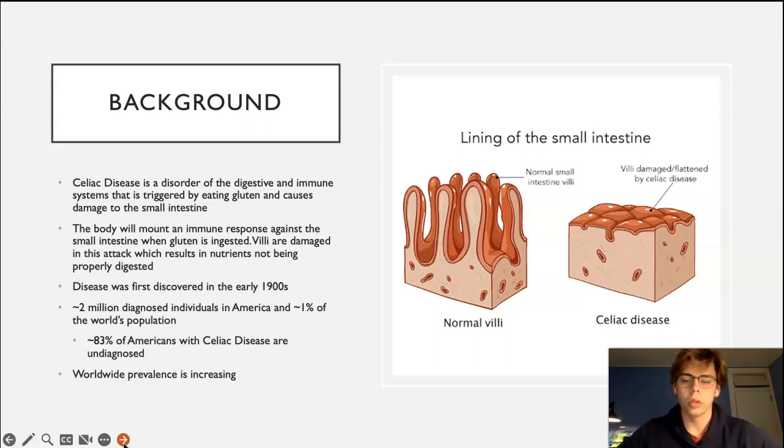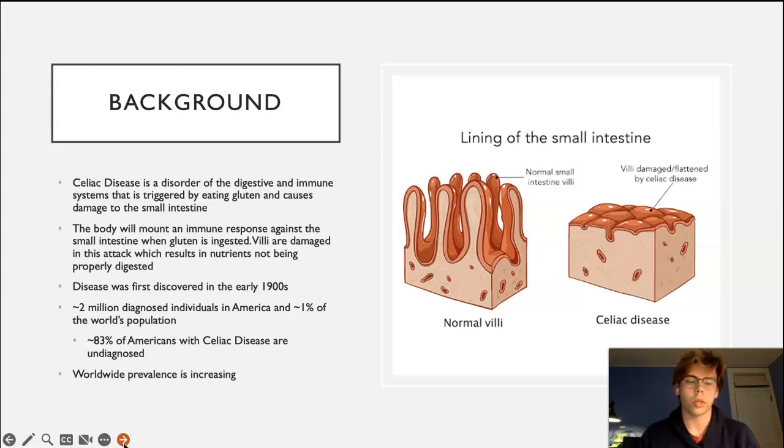Approximately 2 million people are diagnosed in the United States, and about 1% of the world's population is diagnosed. A pretty staggering number here: about 83% of Americans that have celiac disease are actually undiagnosed. This goes hand in hand with the next bullet point about worldwide prevalence being on the rise. I think it goes undiagnosed so often because the symptoms can be so common for other things.